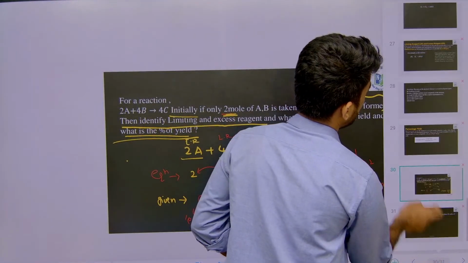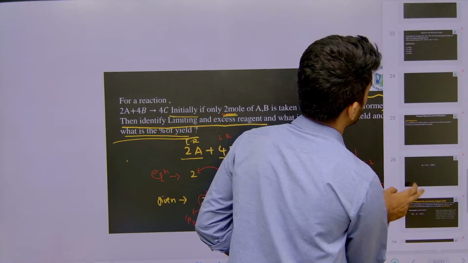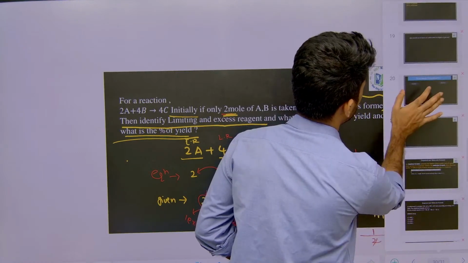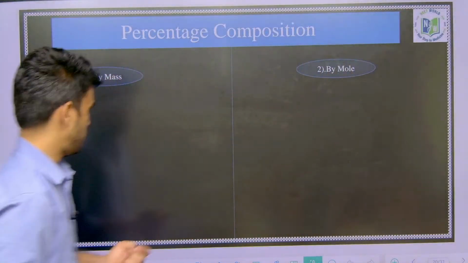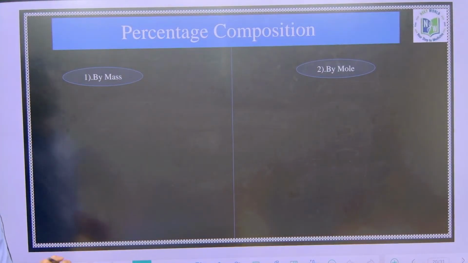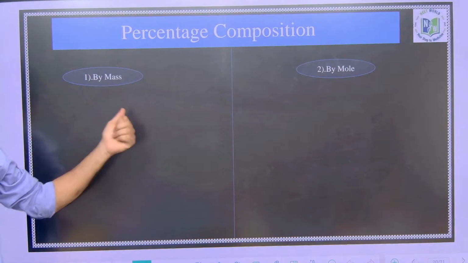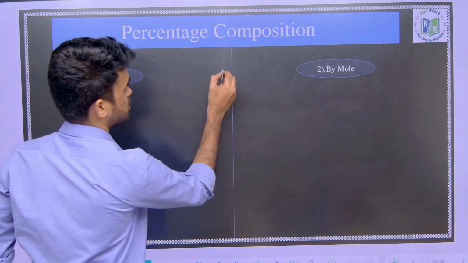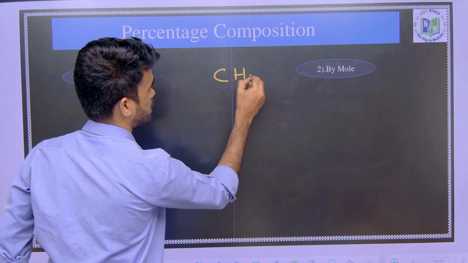One more thing, there is something called percentage composition, and we'll also be discussing the empirical formula. Percentage composition is of two types: one is by mass percentage, the other by mole. We'll understand this by taking a simple example of methane.